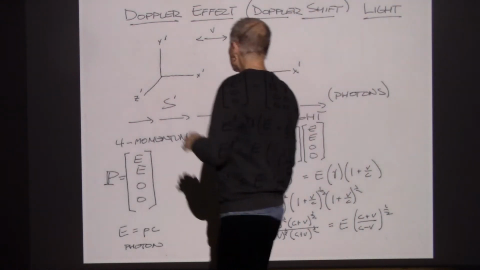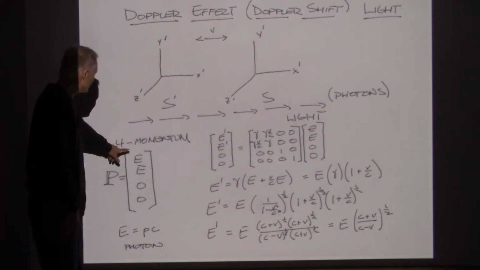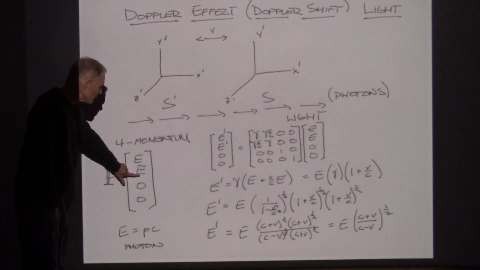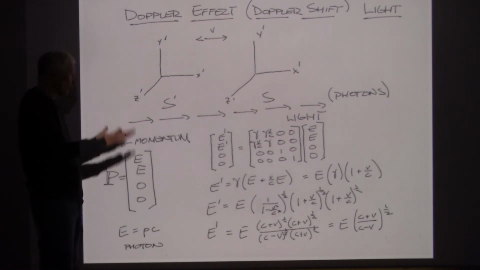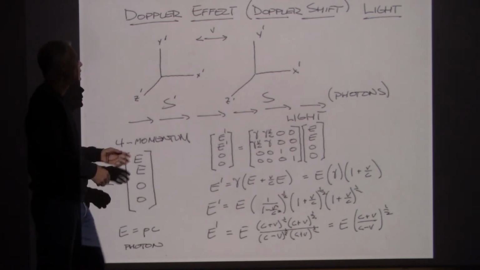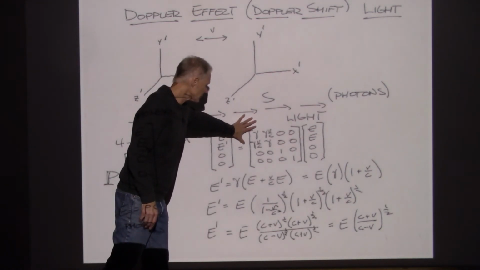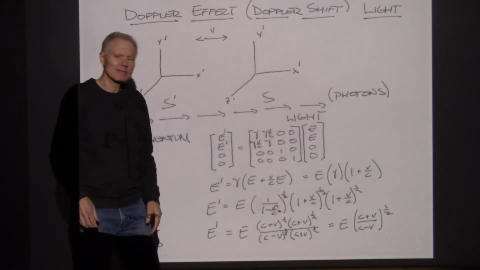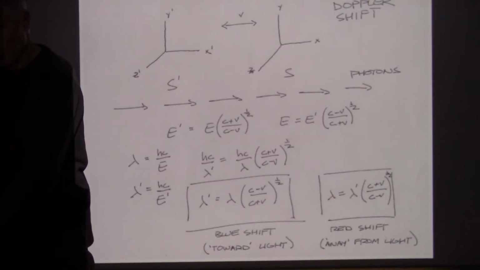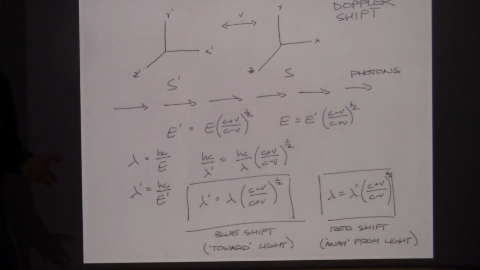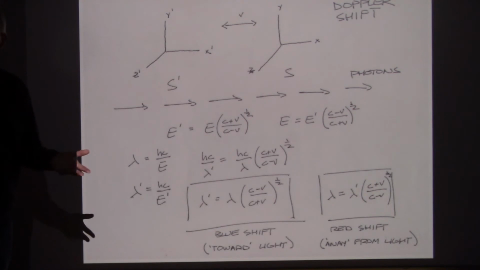So with photons, because the momentum of a photon matches the energy, we can write these four-dimensional momentum vectors. We can carry out a calculation, and what we can show is the energy of the photon. Let me see if we have a follow-up result here. Yeah, so this is referred to as the Doppler shift for light.